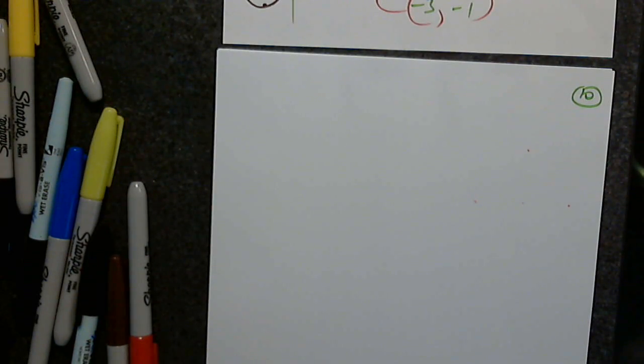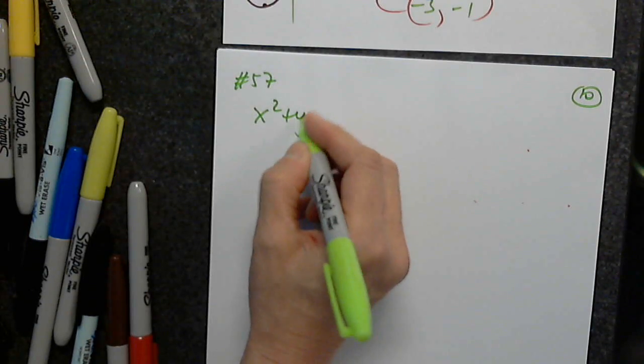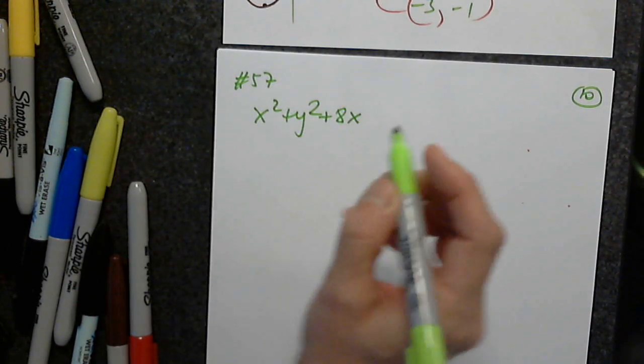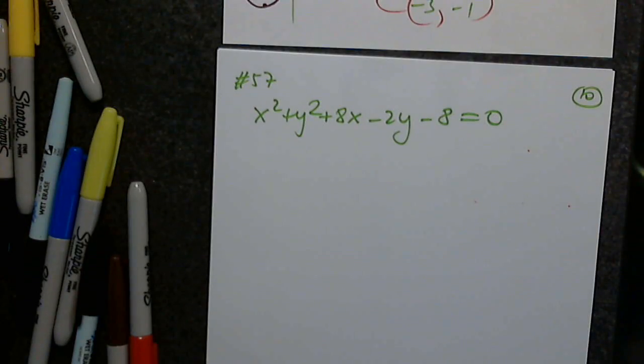Okay, here it is. Let's say 57. X squared plus y squared plus 8x minus 2y minus 8 equals 0. The question is, is this the equation of a circle? And the answer is, we have no clue. If we manage to present it in the equation of the circle form, then it's yes.